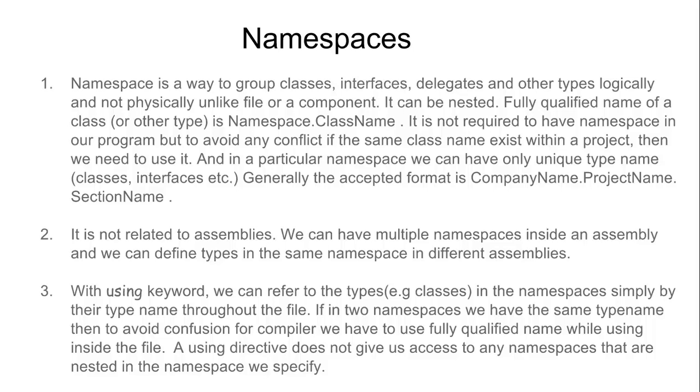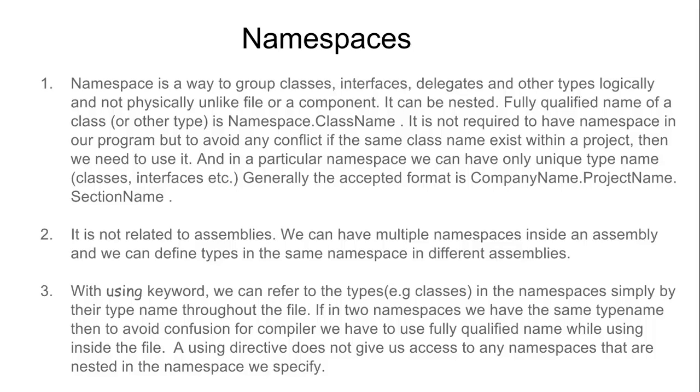So if you are developing an application, it is recommended that you use the namespace as your company name, then dot the project name, and inside your project you may have different sections or different sub teams performing separate functions. For that you use the section name, so that it will be very easy for other developers to see, okay, this application comes under this project, comes under this company, and comes under this section.